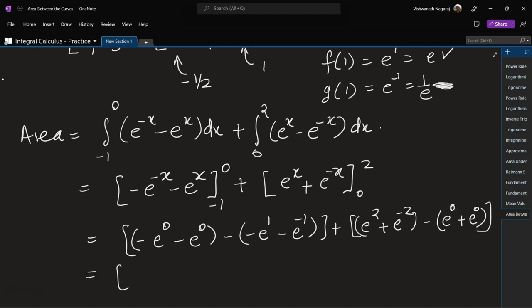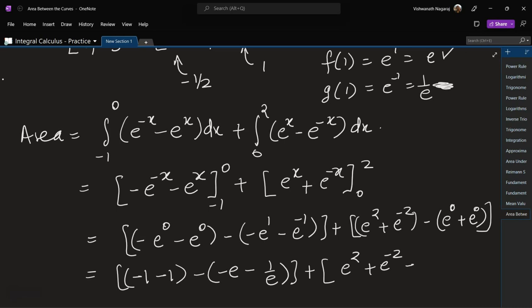This gives us minus 1 minus 1 minus minus e minus 1 by e plus e square plus e to the power of minus 2 minus 1 plus 1, that is 2.